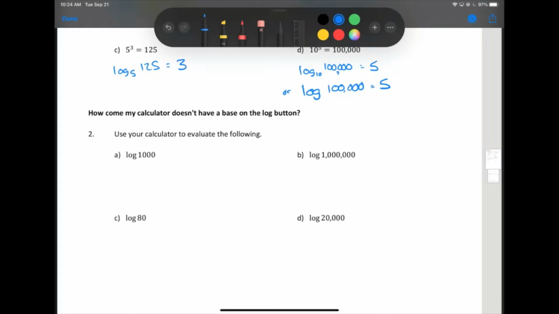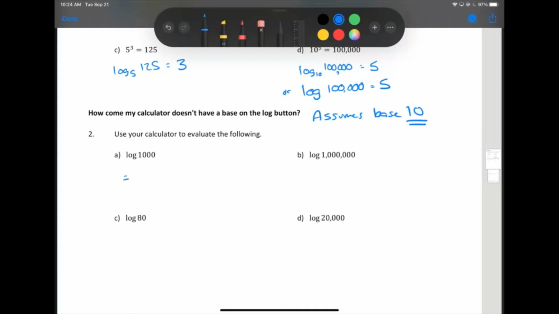Okay, so to reiterate that, how come my calculator doesn't have a base on the log button? And the answer is it assumes it is base 10. And so the nice thing is, for some of these, we can actually do them on our own.